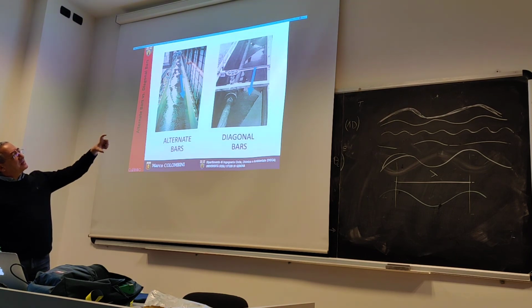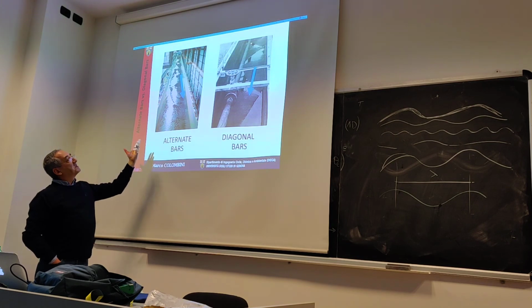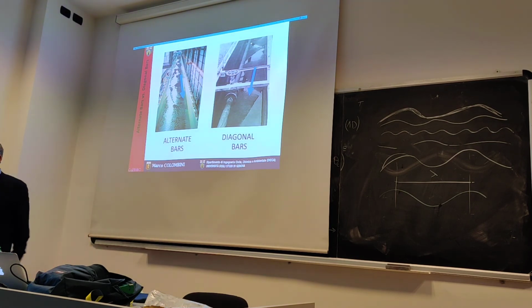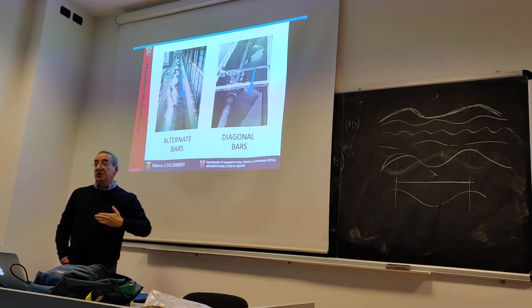The only thing is that this one is much shorter than the other, but it can depend on the parameter that we have chosen. Indeed, these are two very different kinds of bedform. This one is the bar that I mentioned before. This one is a diagonal dune, actually.